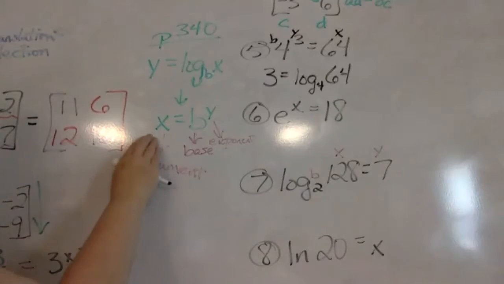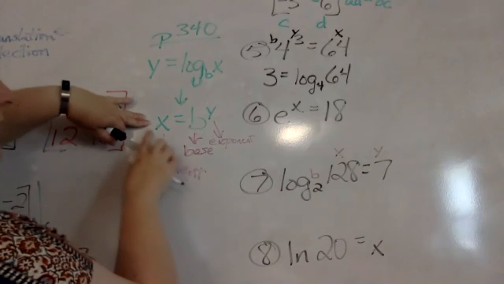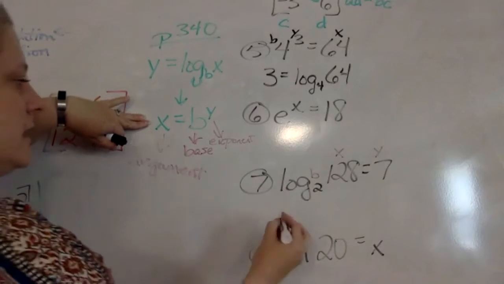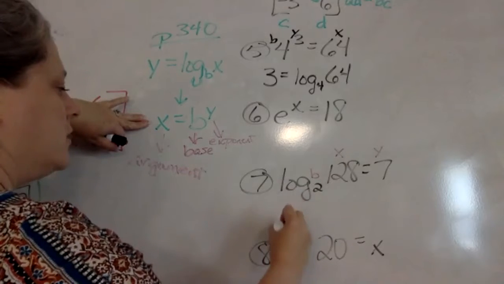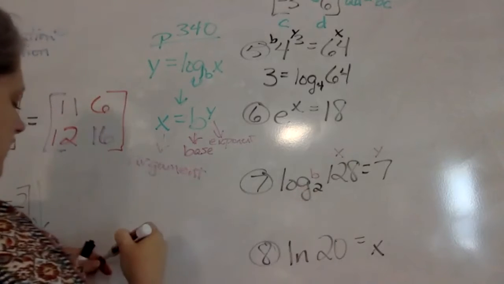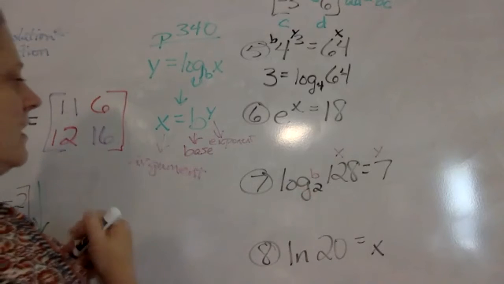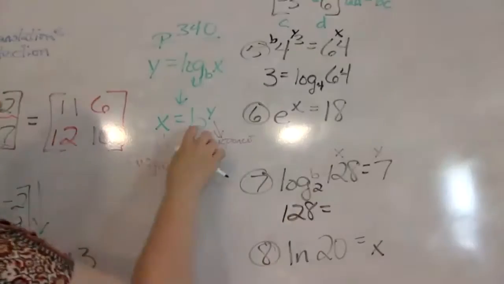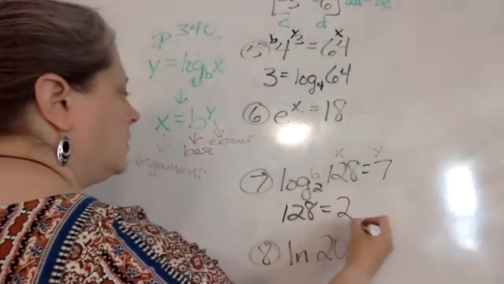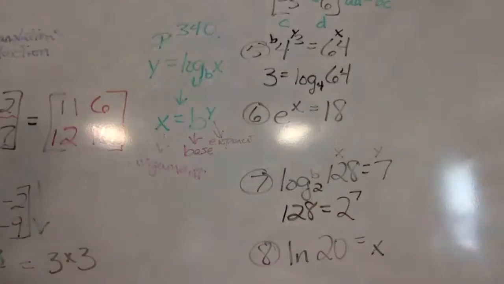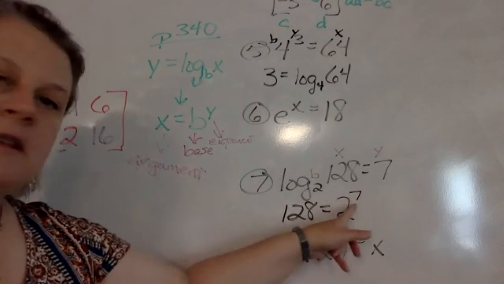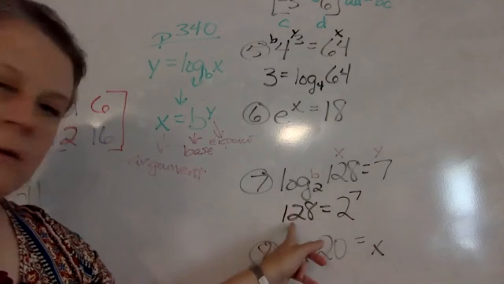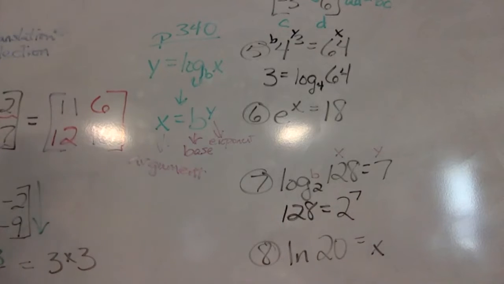So we translated into this one, the x goes by itself, 128, I'll switch markers, I want the black one for that. 128 equals the base, which was 2, to the y, the 7th power. So basically what this means, if you take 2 to the 7th power on the calculator, it equals 128.